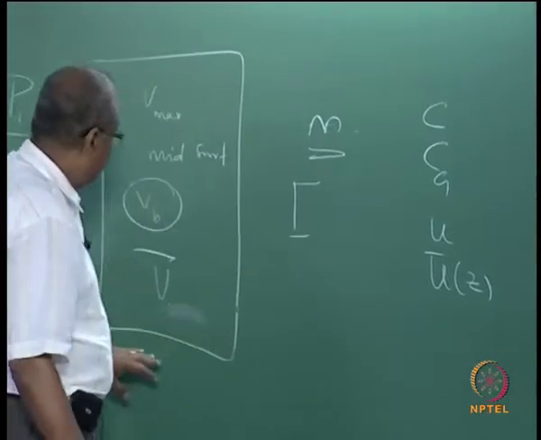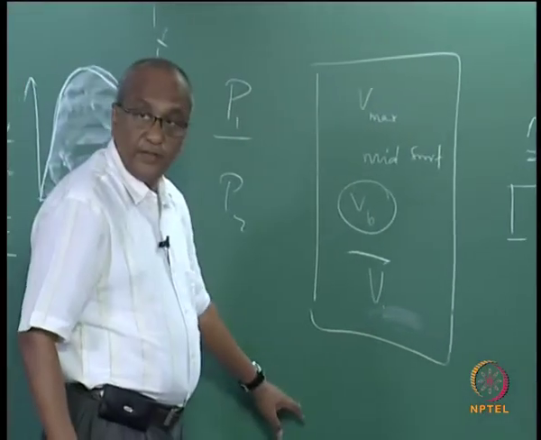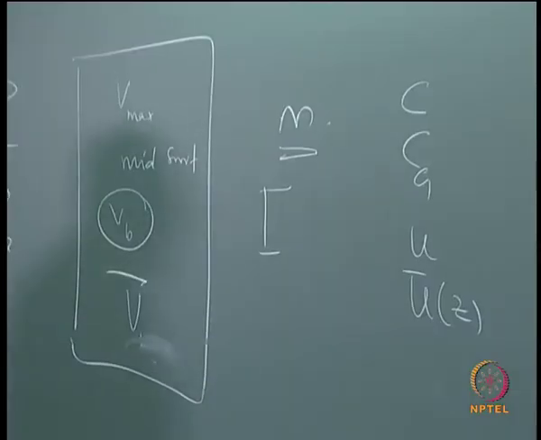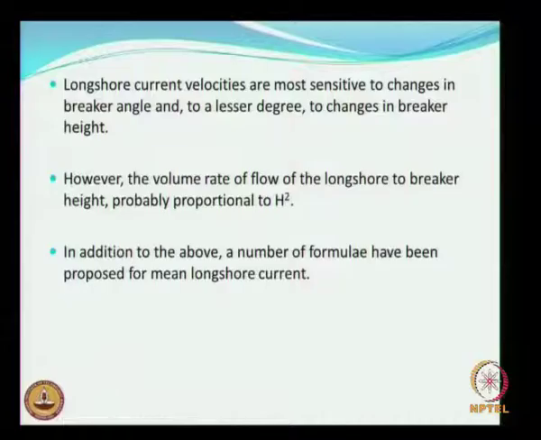Now under the nearshore fields you have so many other kinds of description of velocities being used in nearshore dynamics. Longshore current velocities are more sensitive to changes in breaker angle and, to a lesser degree, to changes in breaker height.